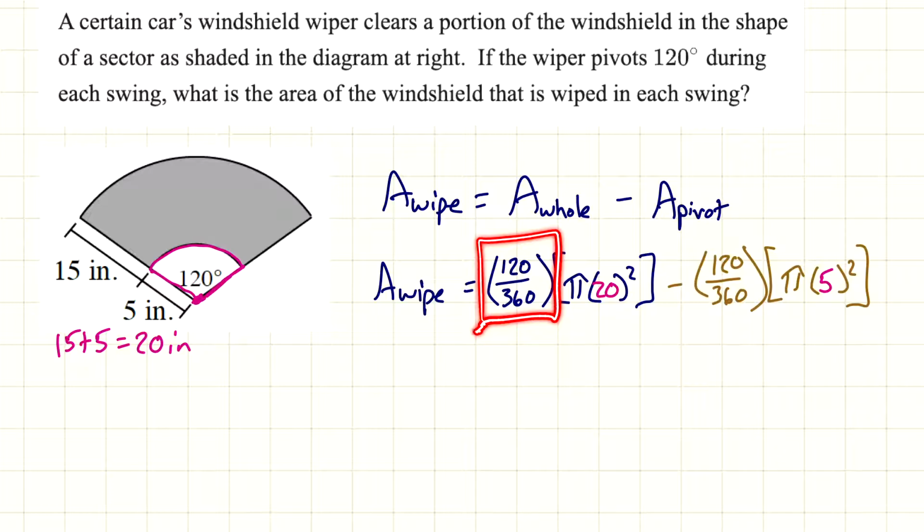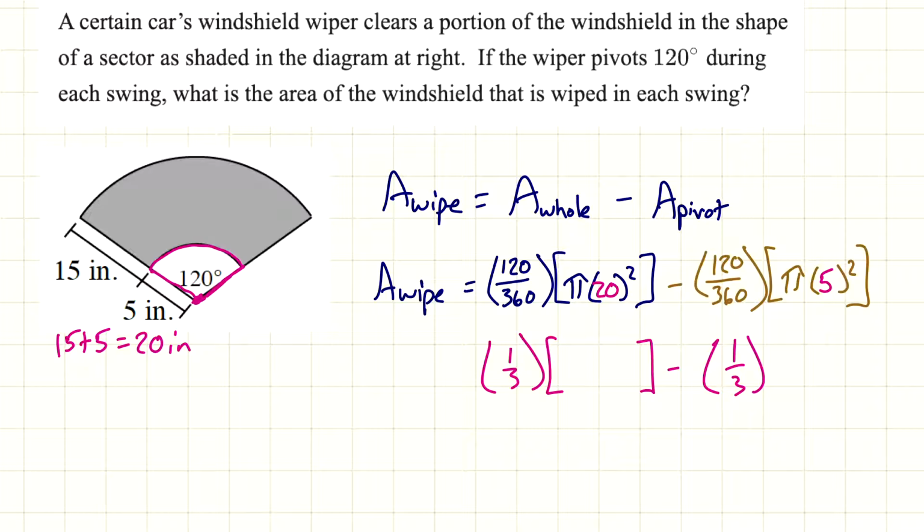Go ahead and see if you could think for a second and let me know. All right, so if you said it was 1/3, you'd be correct. So this is 1/3. The reason why I wanted you to think of that is because that means both of these are going to be 1/3.